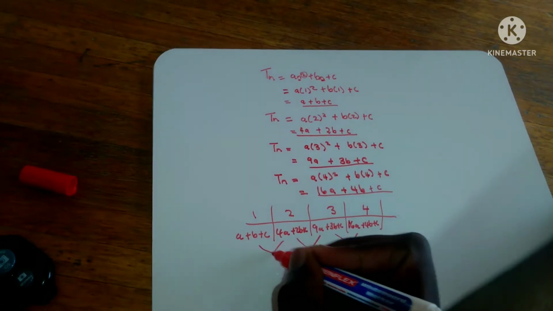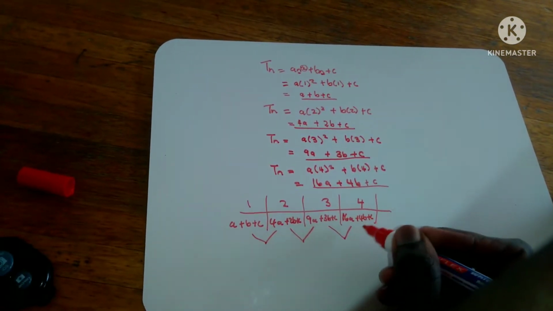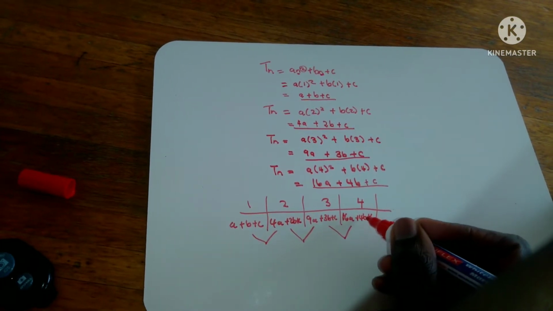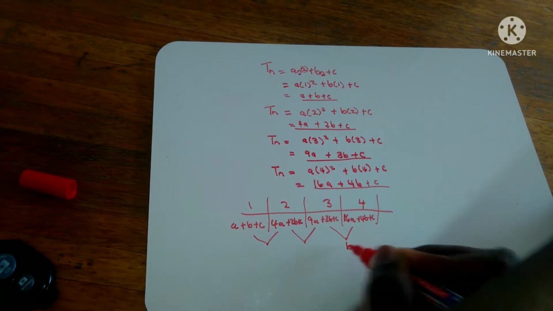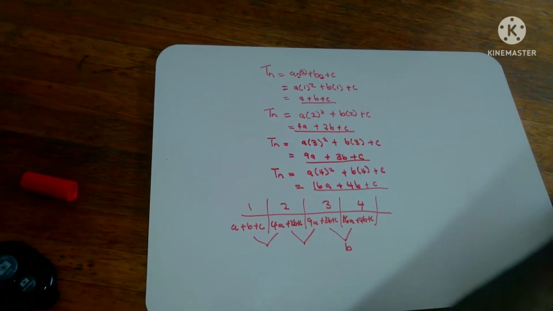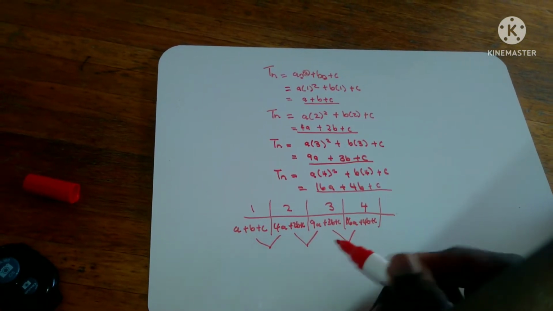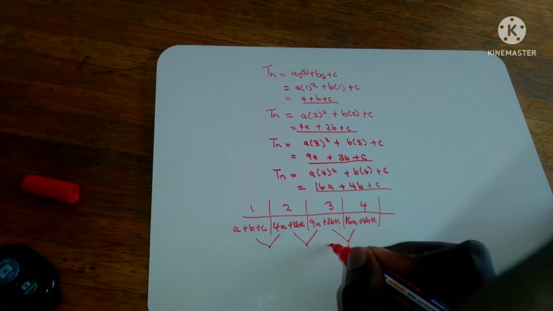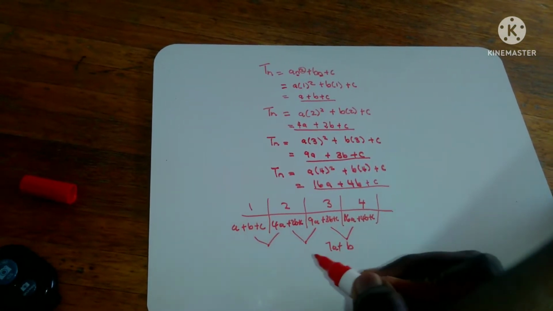So to find the first difference, c minus c is 0, therefore we won't write any c. 4b minus 3b is equal to only b, and then 16a minus 9a will be 7a plus b, and c minus c here will be 0.